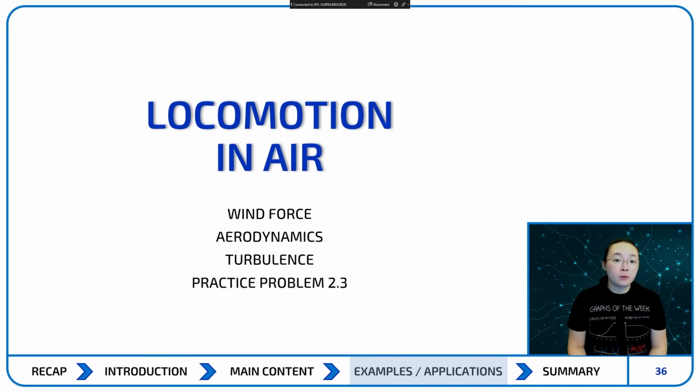So we've talked about locomotion on land. Now we want to talk about locomotion in air. So essentially any living organism that flies will be applicable to these sorts of scenarios. We're going to go through wind force, essentially what kind of forces act on flying objects or flying animals.